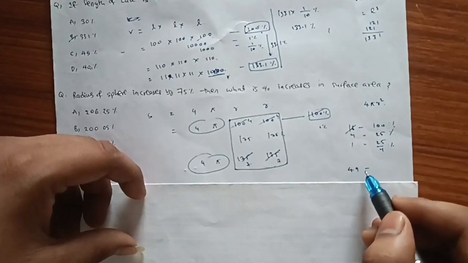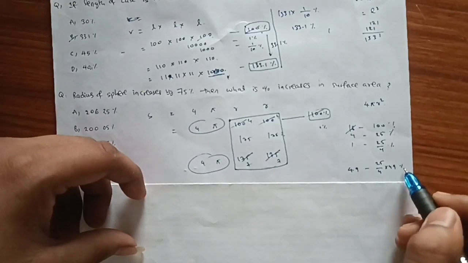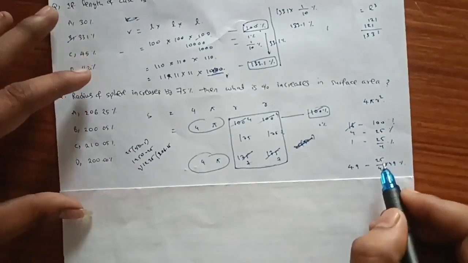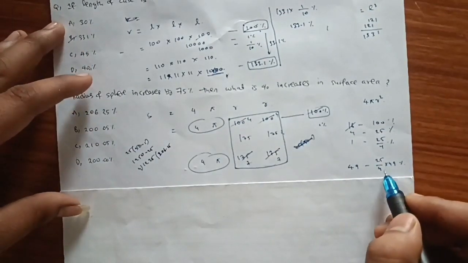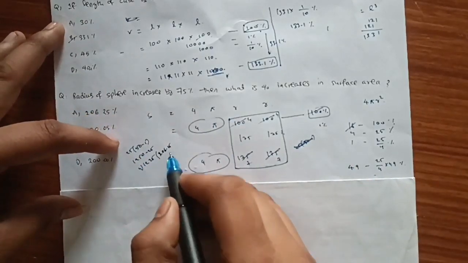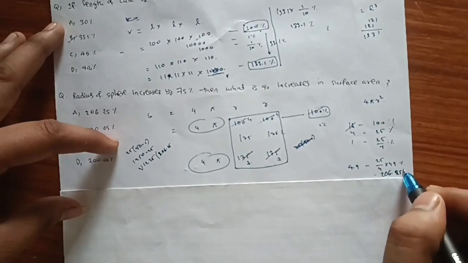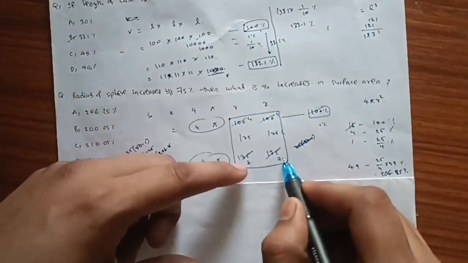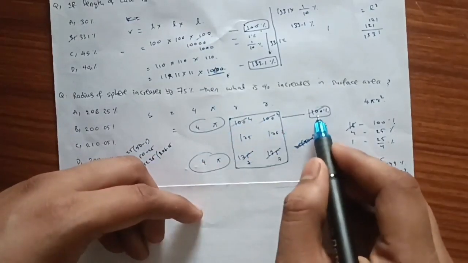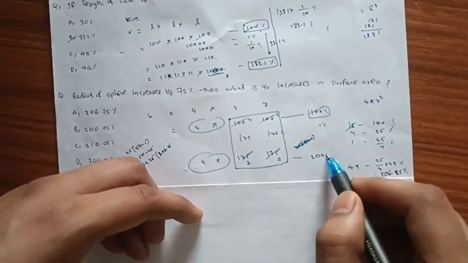Now for 49, it equals 25 by 4 into 49. So 25 into 49 by 4 equals 206.25 percentage.